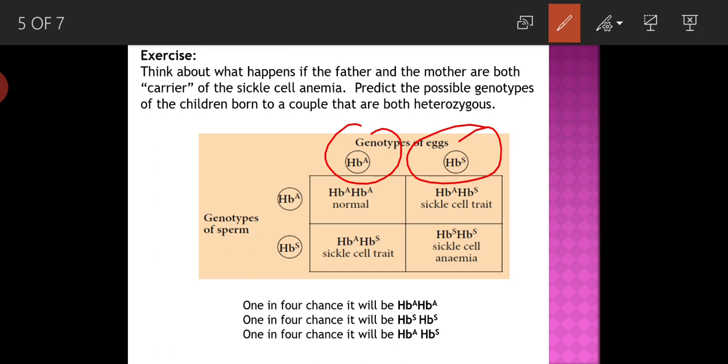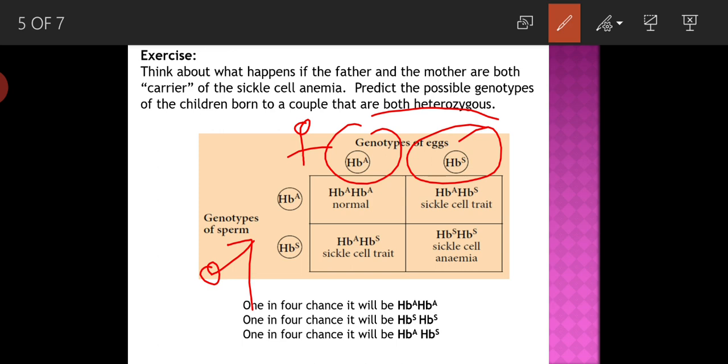Once we have the genotypes, we are able to form the possible genotypes of the children. In this diagram, we put the genotypes that come from the mother and the genotypes that come from the father, so we are able to predict the possible genotypes of the children born from a couple who are both heterozygous. It means that they are normal, but they are carriers or have the trait for sickle cell anemia.